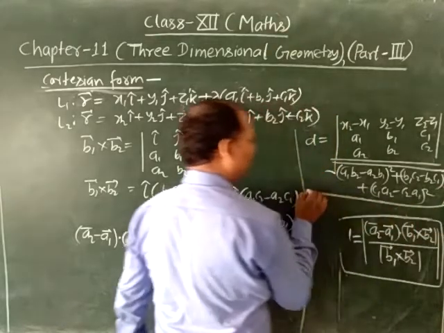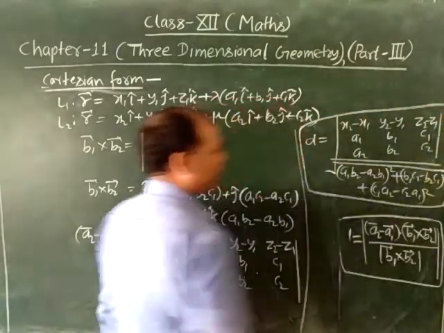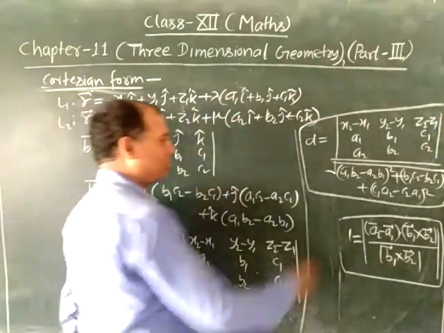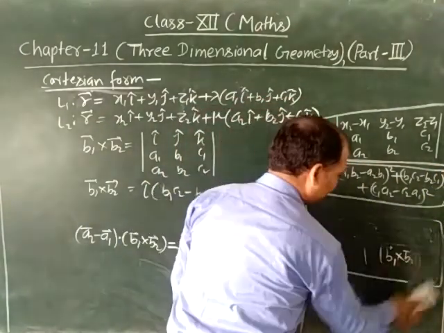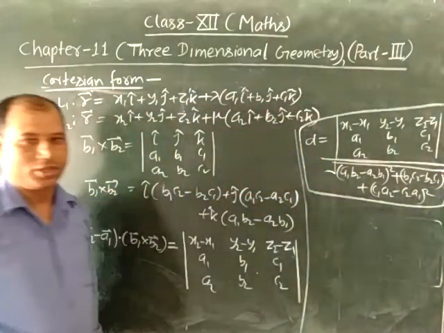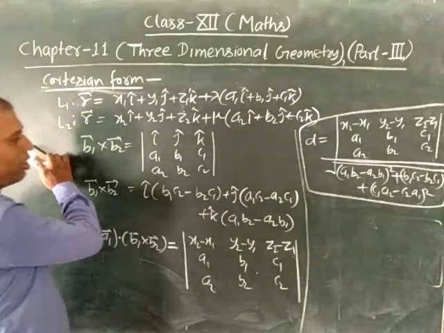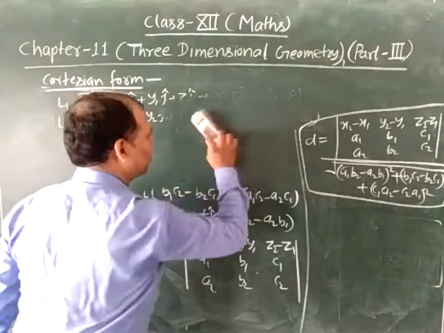This is the formula for shortest distance between two skew lines in Cartesian form. It is clear, students? Now let us discuss one question on this formula.